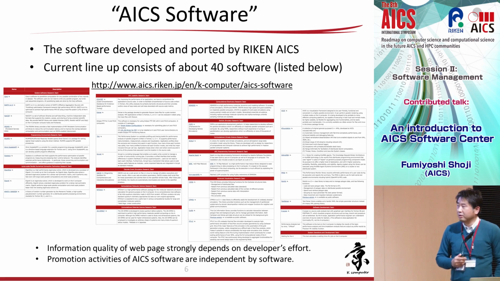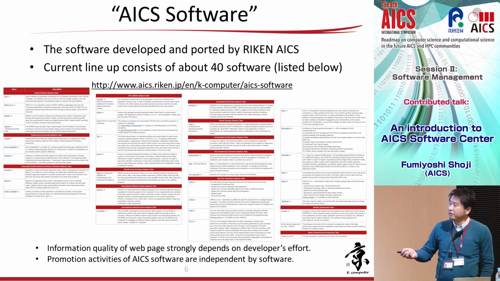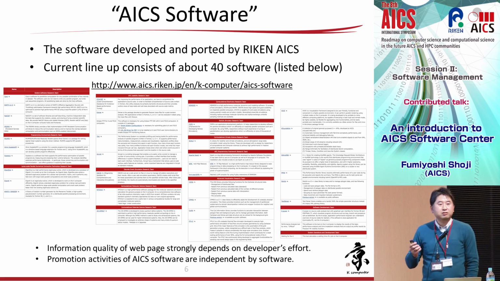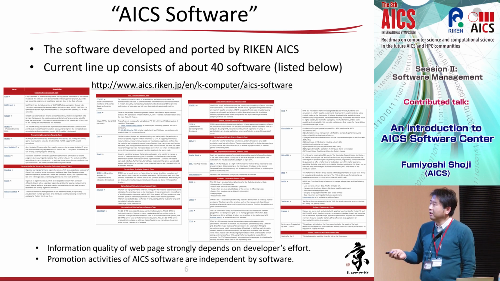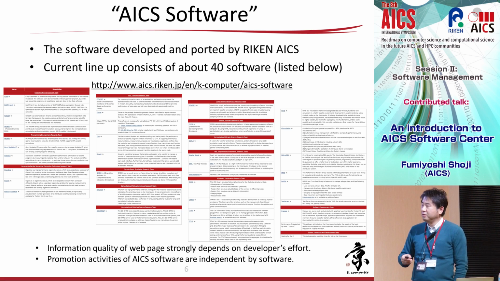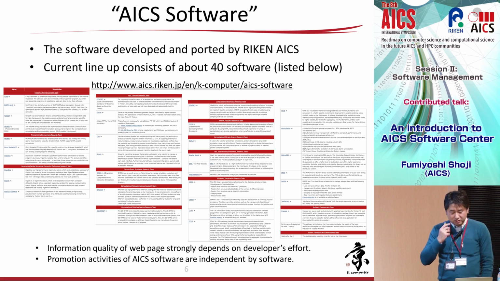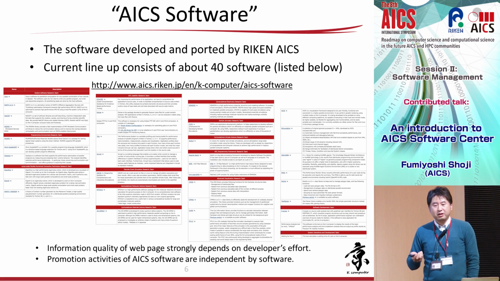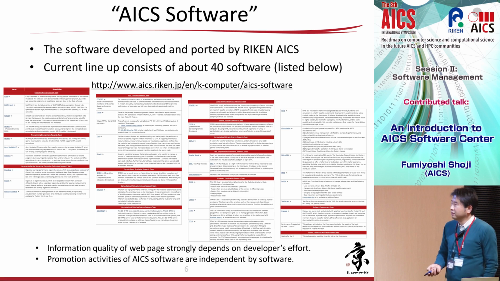So this is a problem. And the other one is, I feel the promotion activities of the AICS software are slightly independent by software. Roughly speaking, the current activity of the AICS software is not so systematic, I think.